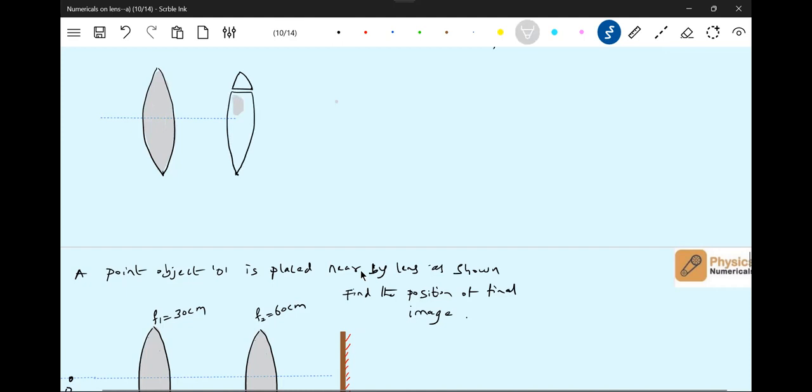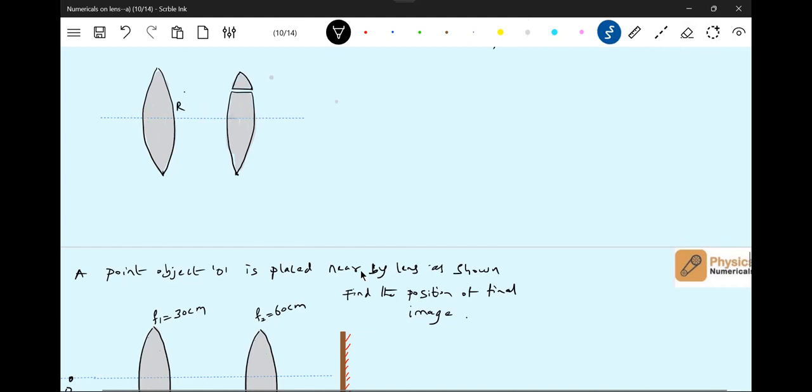Will anything happen to the focal length of those two structures? So by cutting them parallel to the optic axis, we are cutting them parallel to the optic axis.